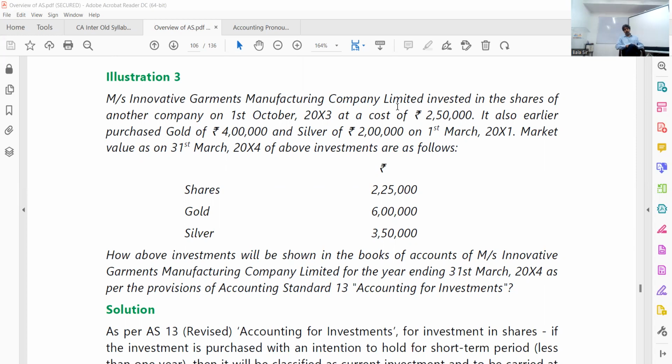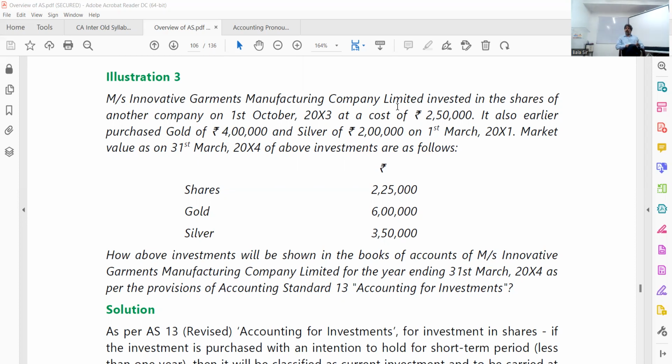It also earlier purchased gold of rupees 4 lakh and silver of rupees 2 lakh. Earlier means maybe on 1st March 20x1 you bought gold and silver: 4 lakh for gold, 2 lakh for silver. Next, market value as on 31st March 20x4 of the above investments is as follows.